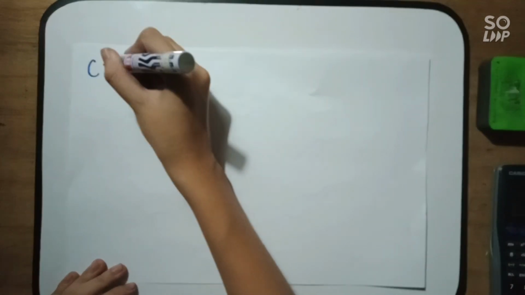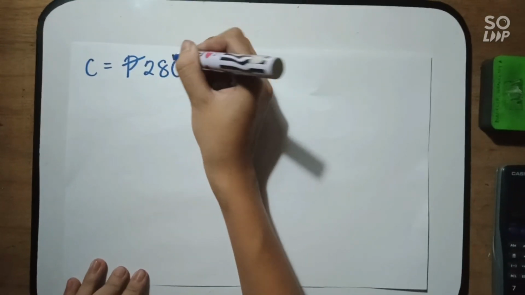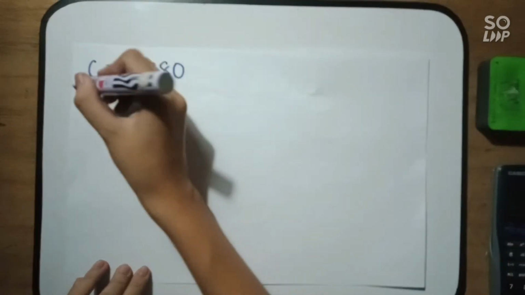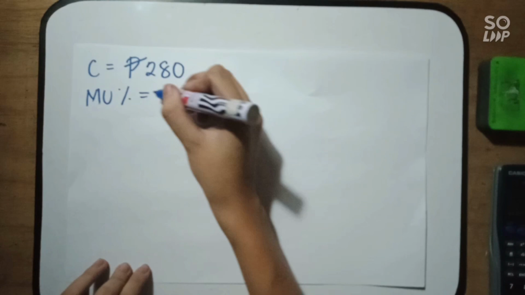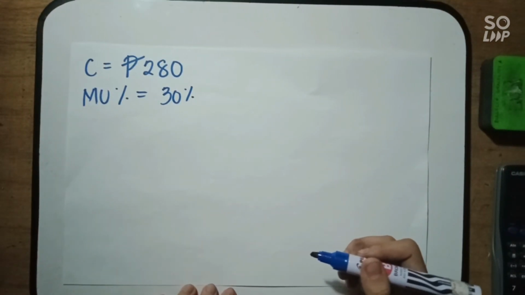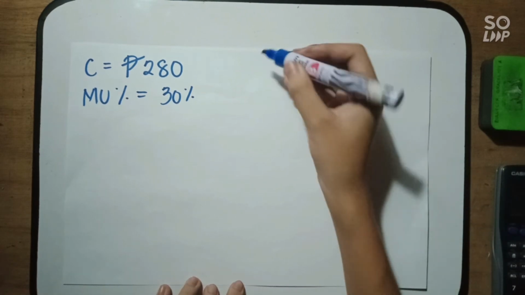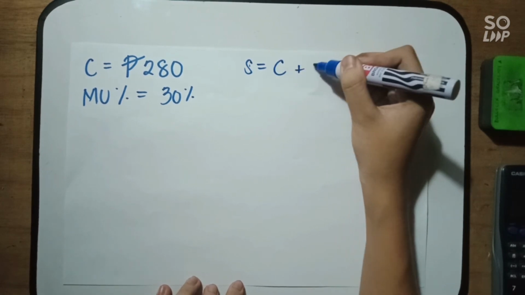So the given in this situation are the cost of the product, which is 280 pesos, and the rate of markup based on selling price, which is 30%. In finding the selling price, the formula would be selling price is equal to cost of the product plus markup.